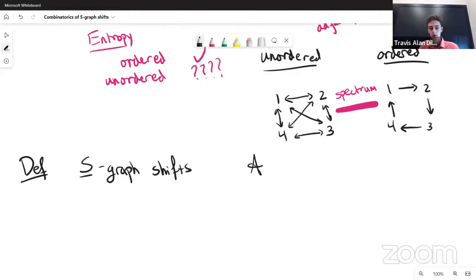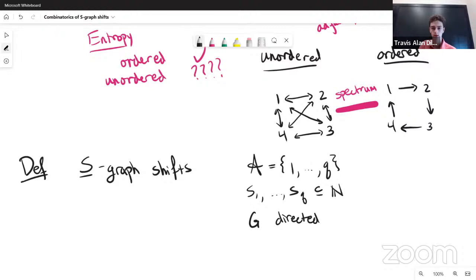So first of all, we have an alphabet, which again, we'll just take for convenience to be the first few natural numbers. And we also have, as before, sets S1 through SQ of the positive integers. And then we need one more thing. We've got G, which is a directed graph with no loops. So a bit of a technicality, but no loops.